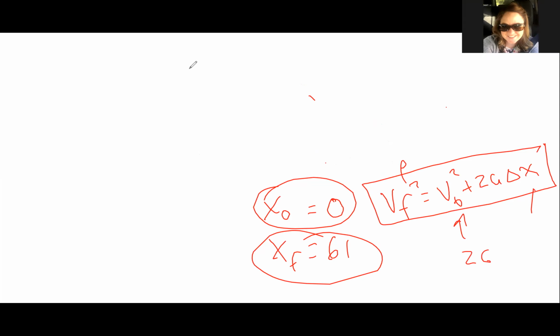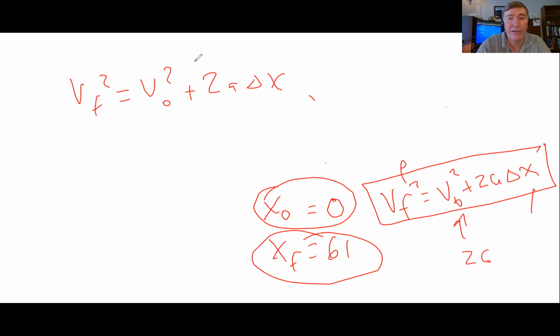I plugged in all the numbers. Oh, Jennifer, wait, sorry, I was ahead of myself. I looked at all of our variables that we have, and we have a couple of zeros.